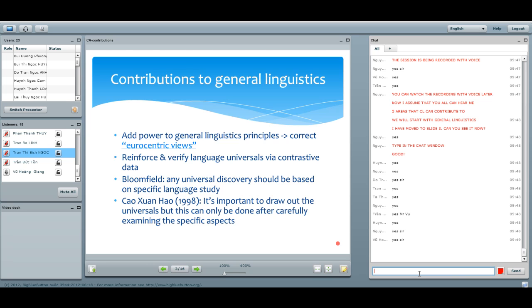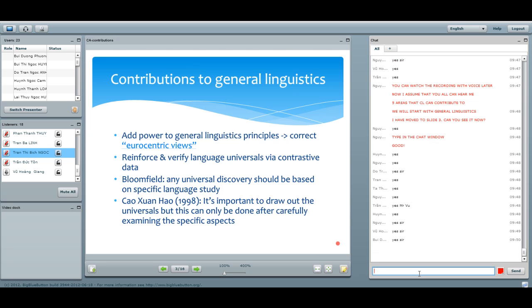Now, through the studies of contrastive linguistics, we know that all languages in the world have part of speech like noun, verbs, adjectives, pronouns. All languages in the world have different levels of languages like phonemes, and then sounds, syllables, morphemes, words, sentences.